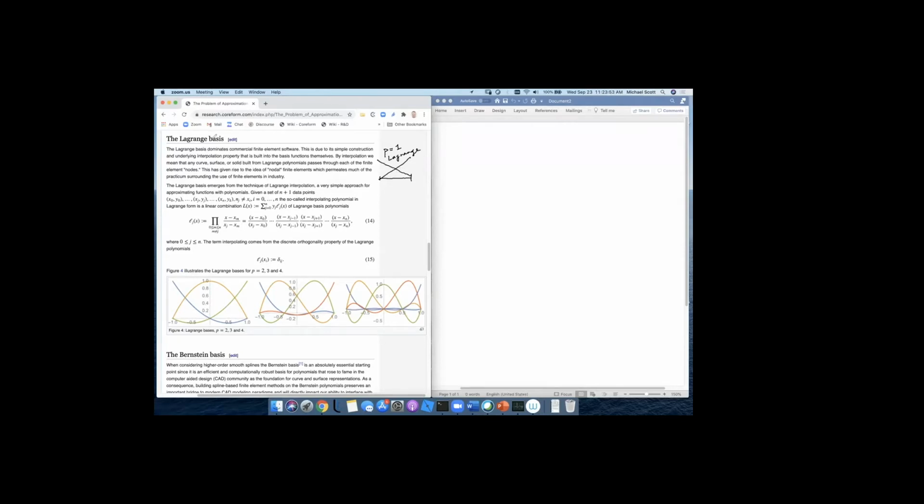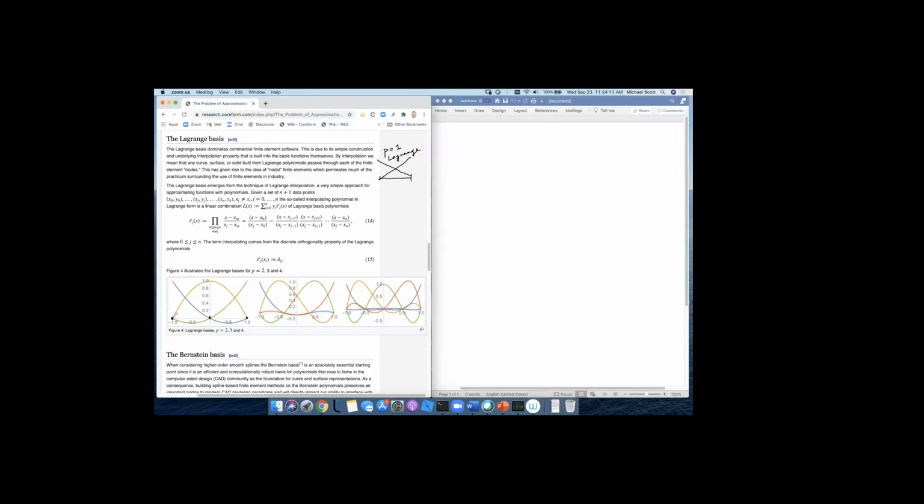The Lagrange basis actually is kind of a clever way of constructing an interpolating polynomial, where essentially you construct polynomials where, at a discrete set of points, let's say these 3 points, look at what happens to these functions.